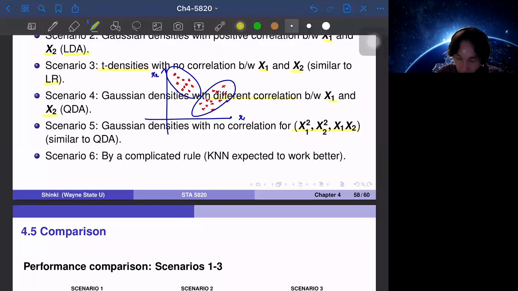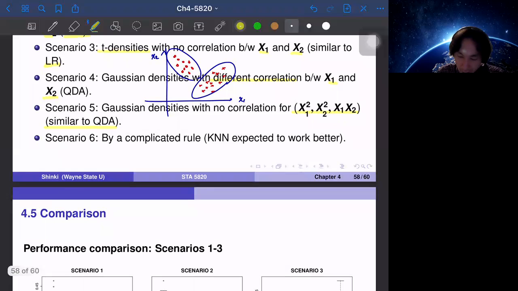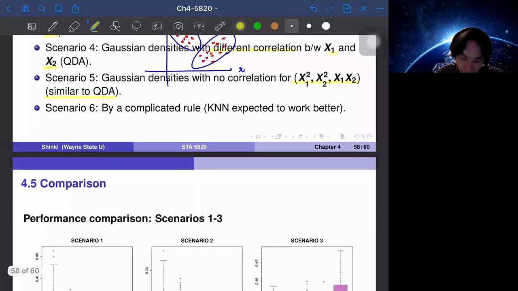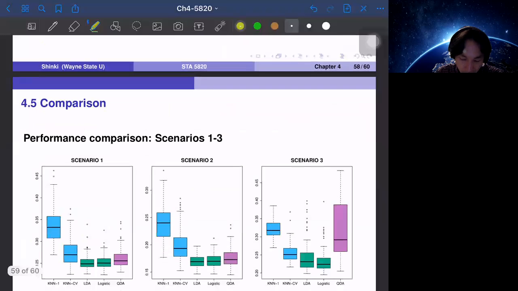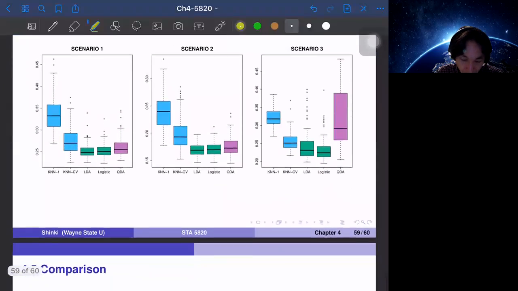I think it violates the assumptions of LDA, QDA, and logistic regression. So possibly non-parametric KNN works better, but still the situation is kind of similar to QDA, maybe. And scenario 6, a very complicated rule. The textbook does not describe that structure, but it is a very complicated rule.